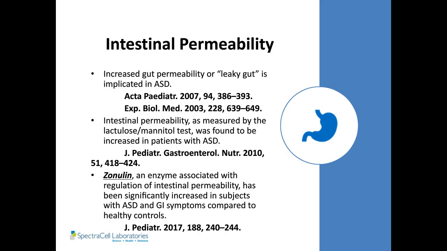Intestinal permeability, of course, comes up with a lot of autoimmune diseases. We know that with rheumatoid arthritis, MS, lupus, and various other autoimmune diseases, people talk about intestinal permeability or leaky gut syndrome, whatever the case. Here's some research, noted in the Journal of Pediatric Gastroenterology and Nutrition in 2010, talking about confirming intestinal permeability through the lactulose/mannitol test.